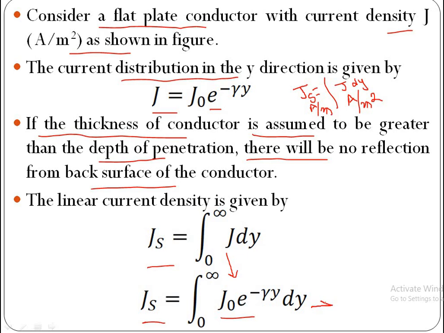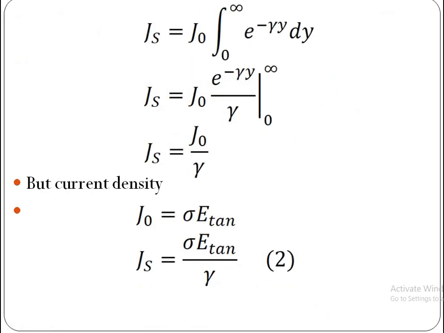Now integrate this equation with respect to y. Take the constant outside. Integration of this one is e power minus gamma y by minus gamma. If we substitute these limits, then the linear current density Js is equal to J naught by gamma.